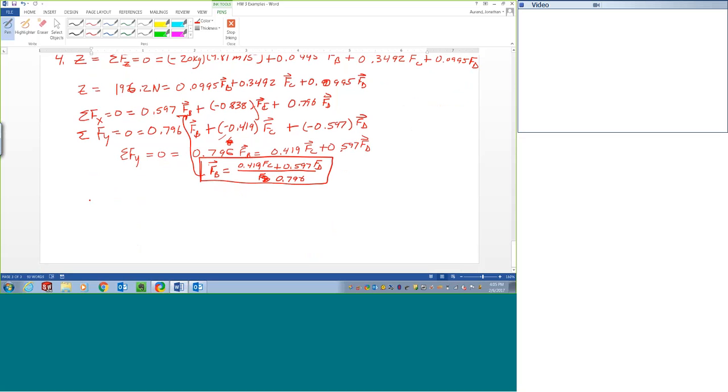I won't go through all the math, but the sum of the forces in the x direction, when I simplify that down, I should find 0.5238 FC equals 1.244 FD. So that means FC is 2.374 FD.